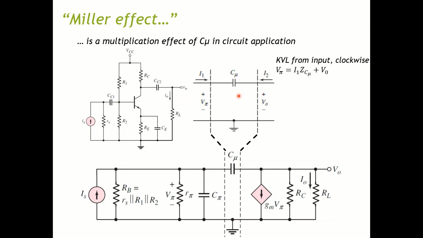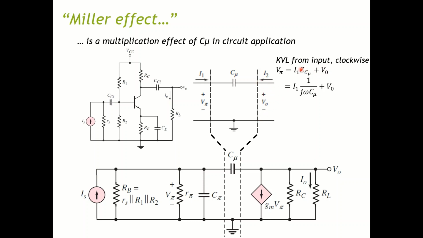If you apply KVL, Kirchhoff's voltage law, from the input and clockwise, you can write an equation relating V pi, which is this, equal to the voltage across this impedance, or this capacitor. So I1 multiplied by the impedance of C mu plus the output voltage V_O.